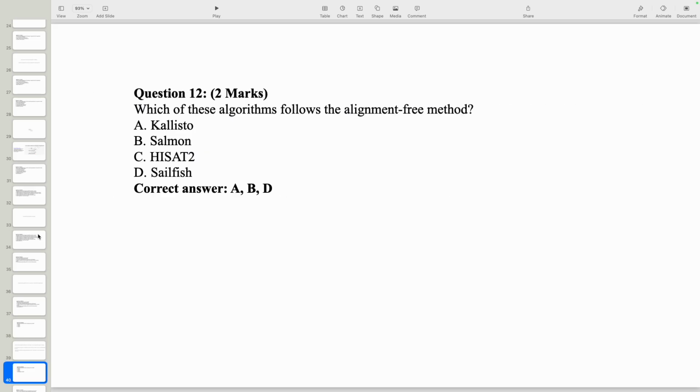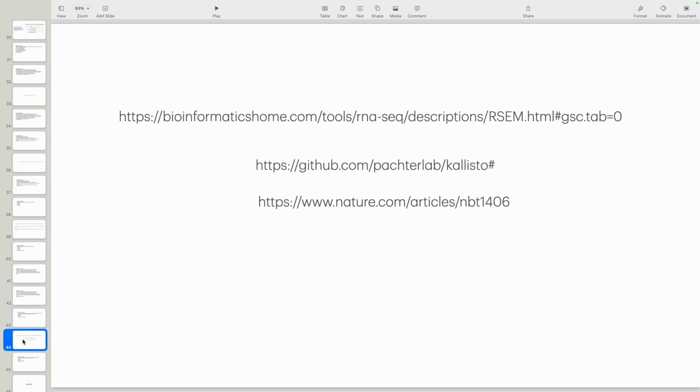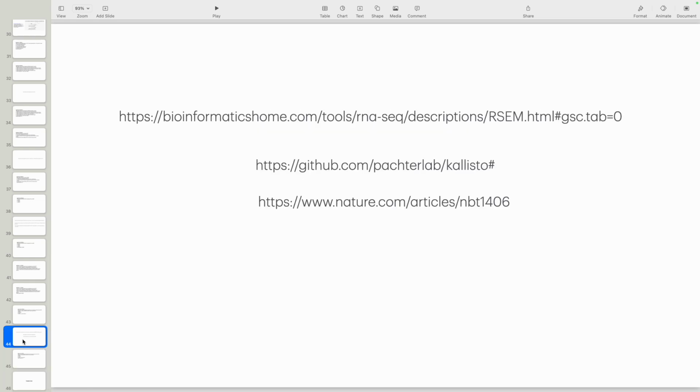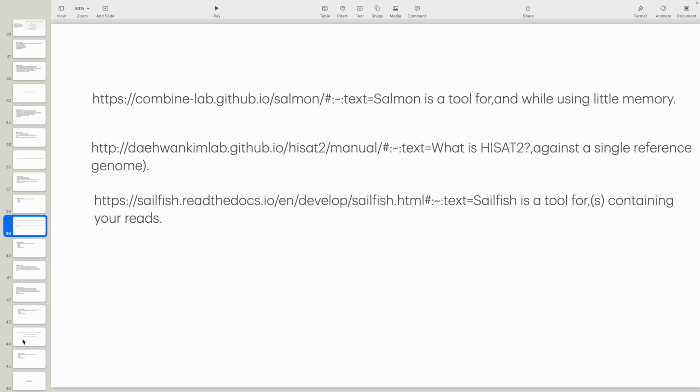So the correct options are these: Kallisto, Salmon, and Sailfish. These are the tools which do not do the alignment before quantification. These are quantification alignment free tools. I have shared a link for these tools. Please go through it and try to see how these are done. I have not shared for Kallisto, I guess.